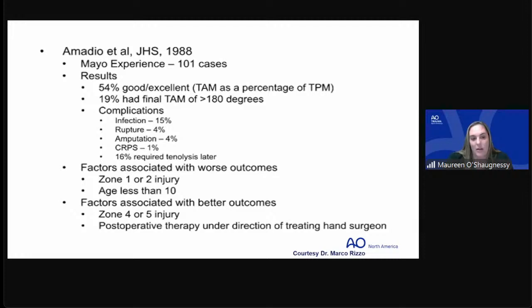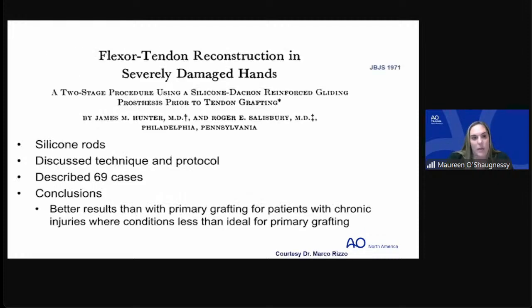Patients that did better were those in zone 4 or 5, as we would expect, and patients that underwent hand therapy. And then an even more original paper from the 1970s of Dr. Hunter, looking at their experience with the 2-stage reconstruction, overall showed that they thought the 2-stage did a little bit better than the single stage, and primary grafting for chronic injuries was less than the primary grafting.